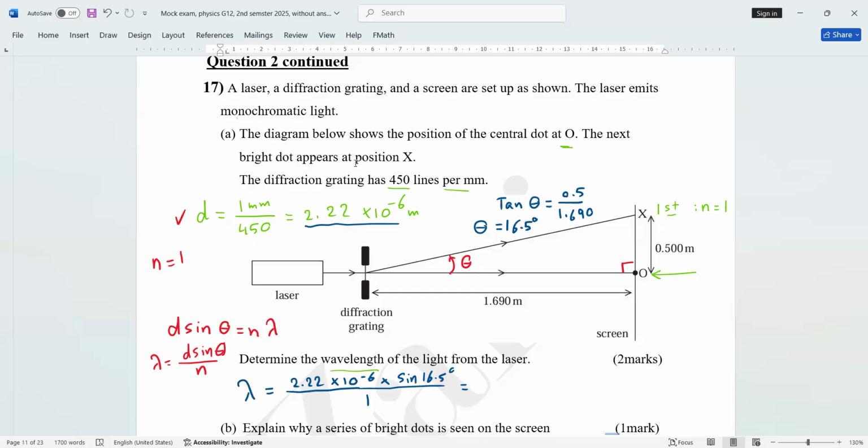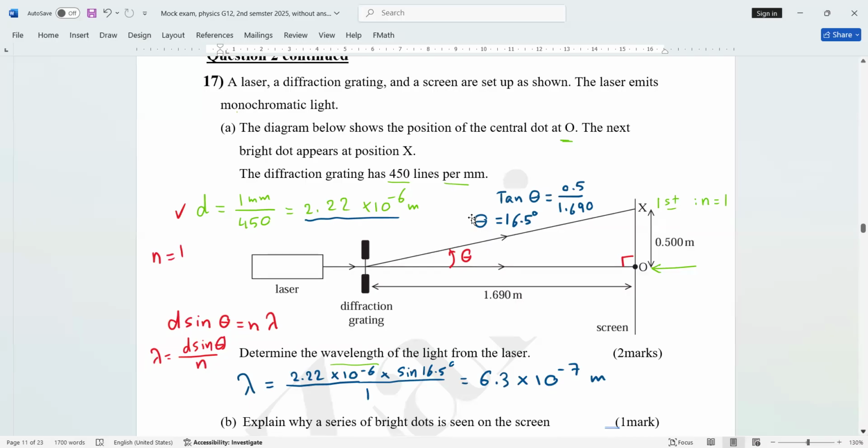Now in scientific mode, the answer is 6.3 times 10 to the power -7 meter. Check your answer with me, please. Okay? Now, next part.